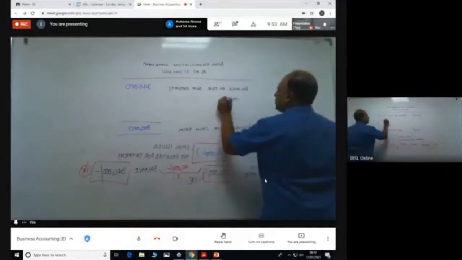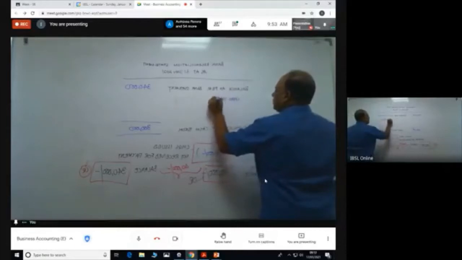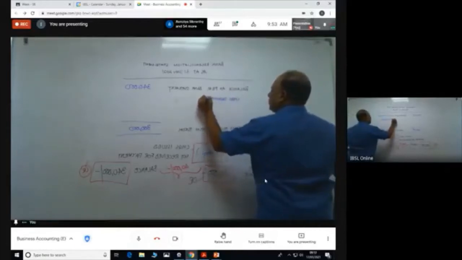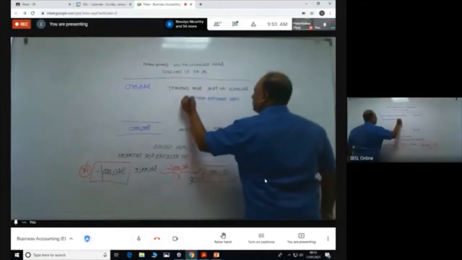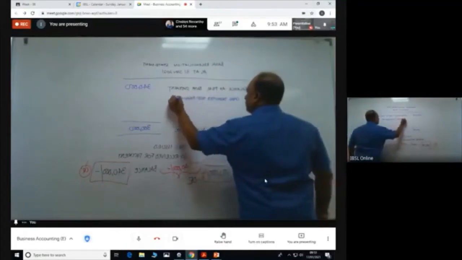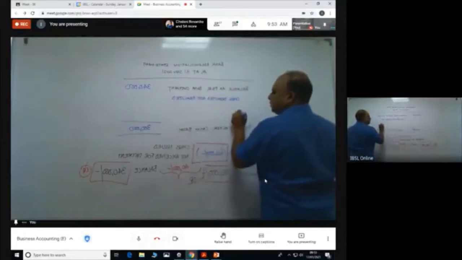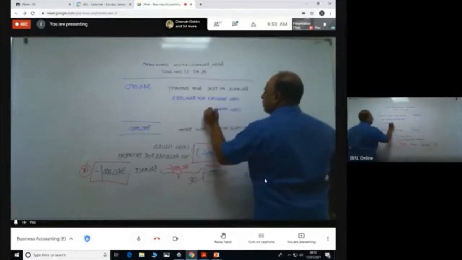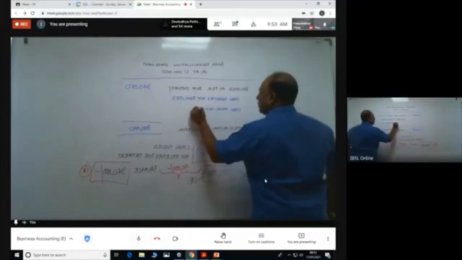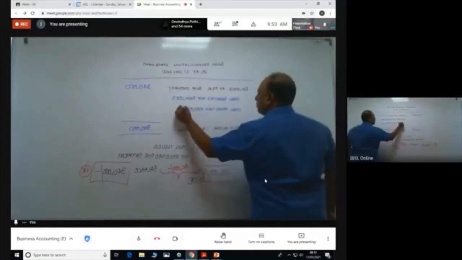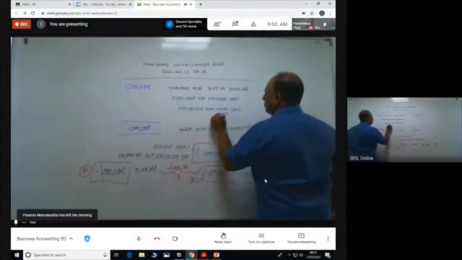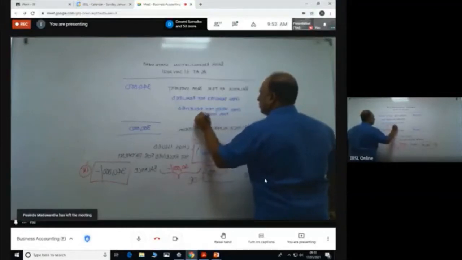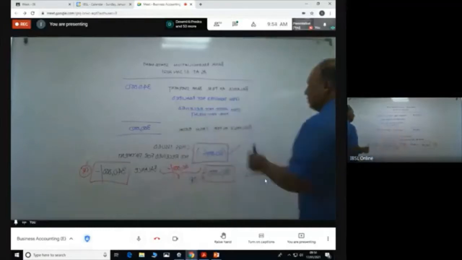Checks deposited, not realized. Then checks issued, not received for payment. Those are the two elements missing.